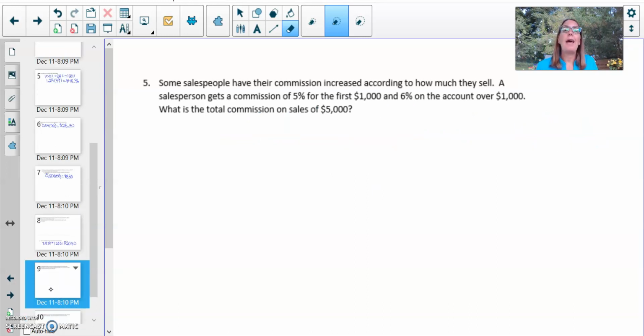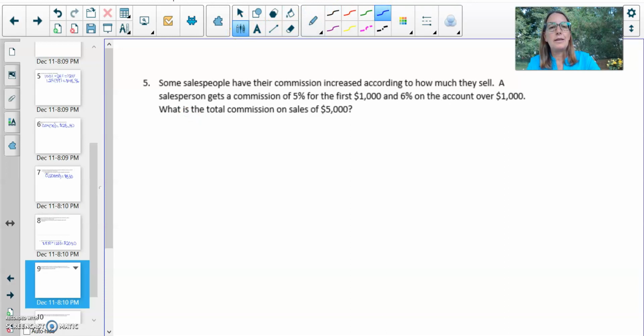Okay, some salespeople have their commission increase according to how much they sell. A salesperson gets a commission of 5% for the first $1,000 they sell, and 6% on the amount over $1,000 that they sell. What is the total commission for sales of $5,000? So they would make 5% for their initial $1,000 sale.